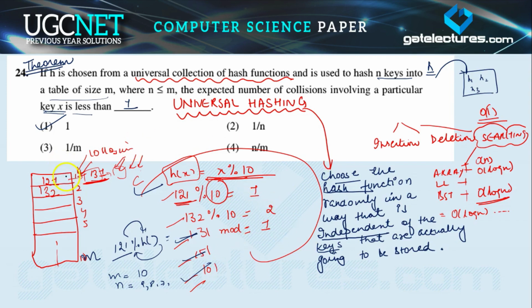To resolve this problem, we use the universal hashing theorem. It states that, independent of the key, you choose the hash function from this universal hash function box, and the result is that the expected number of collisions for any particular key x is very small, less than 1. So the answer to question 24 is 1.